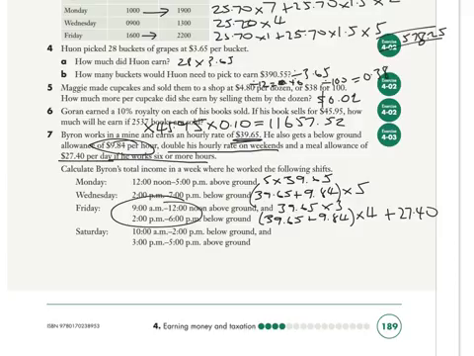Alright, Saturday. It's below ground, so he gets the 39.65 plus the 9.84, but it is double time because it's on the weekends, and he does it for 4 hours. 39.65, double time, and he does it for 2 hours.